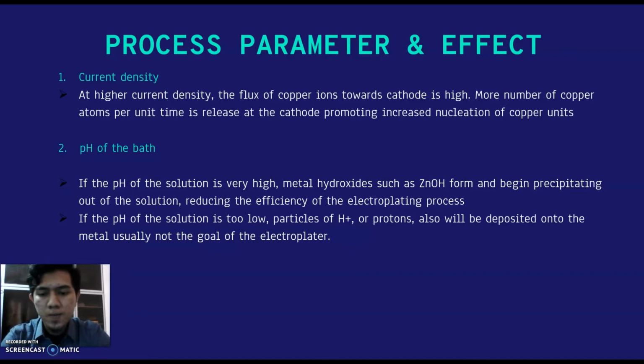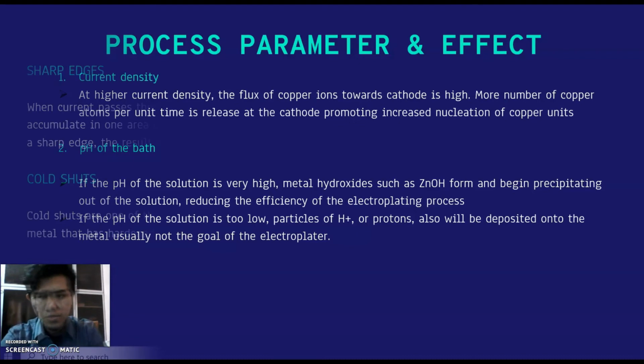For acidic solutions, if the pH of the solution is too low, particles of H plus or protons will also be deposited onto the metal, usually not a goal of the electroplater. So these two conditions will affect the electroplating process and the result as well.